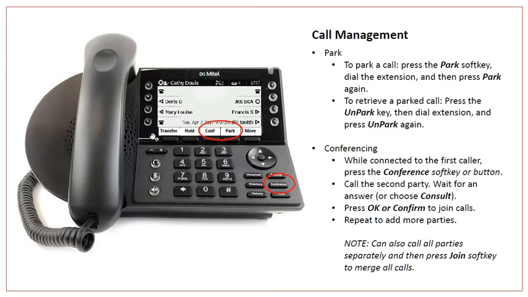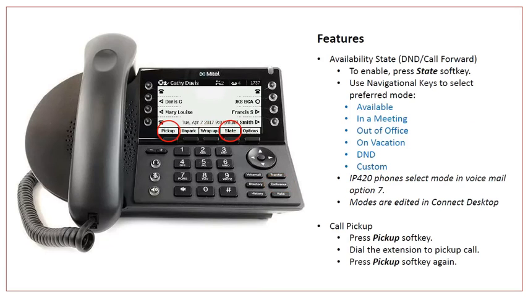Then I will get a soft key that says join, and I can join all the held calls on my phone, as opposed to hitting conference, dialing the party, conference, dialing the party, and so on in order to add everybody. I get them all individually on the phone and then join them so they hear each other at that moment.